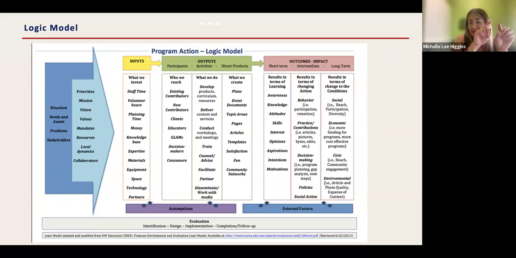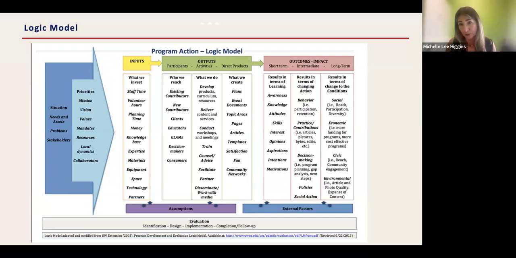So when you read across a row for that particular activity, let's say you have two activities for the recycling. I'm going to do a poster and hang it up in a community center, and once a month, I'm going to do a workshop. Those are two activities, and they're going to have different inputs, different resources.